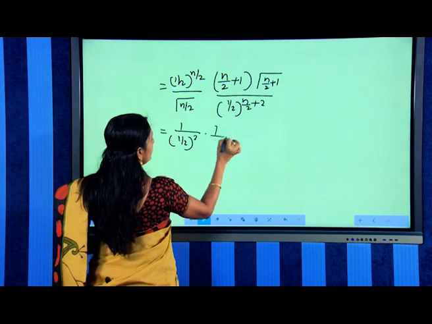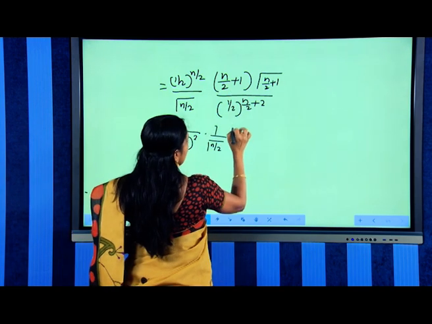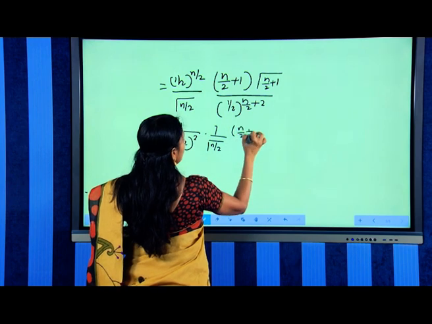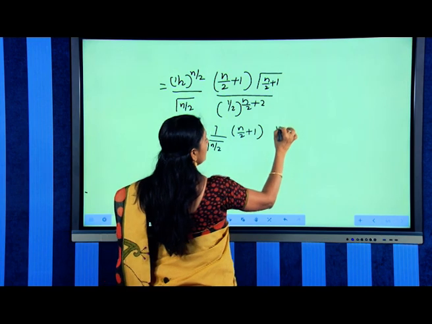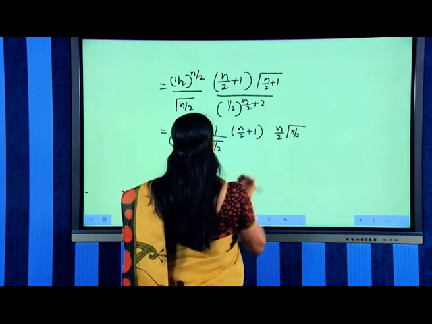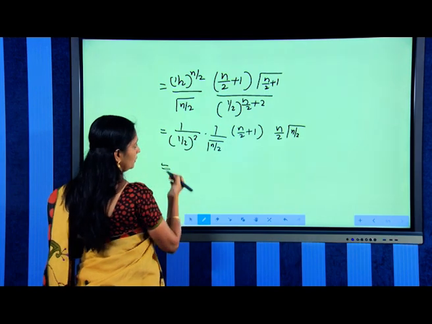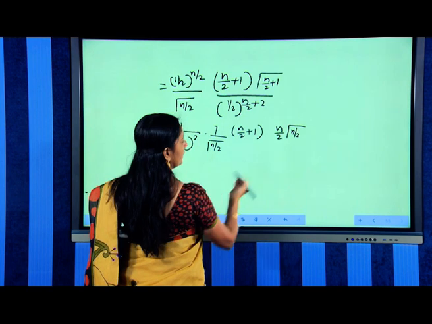into 1 by gamma n by 2, n by 2 plus 1. Gamma n by 2 plus 1 can be written as n by 2 gamma n by 2. Therefore, this gamma n by 2 and this one are cancelled.